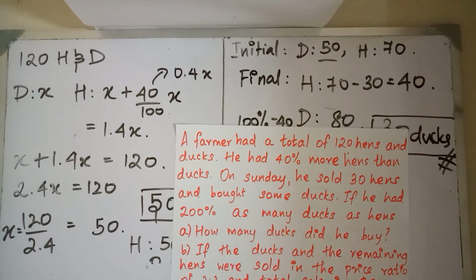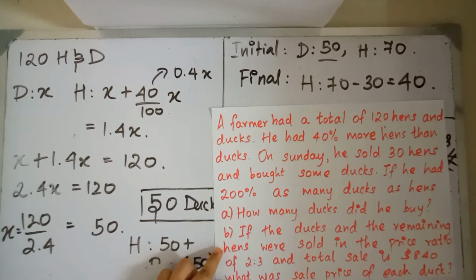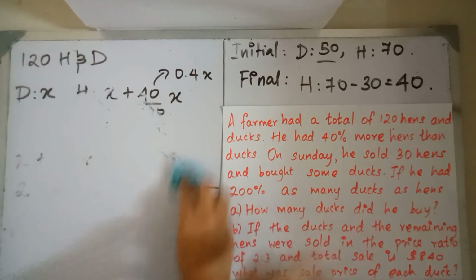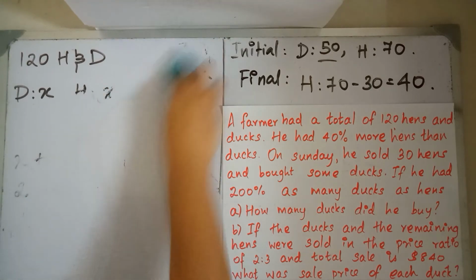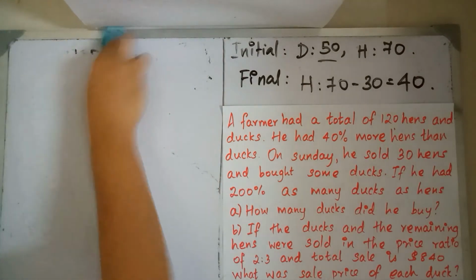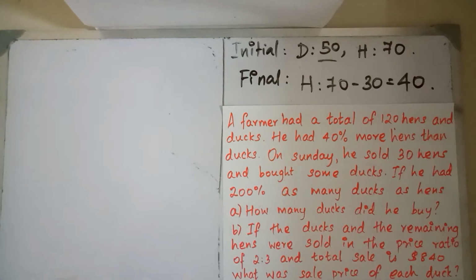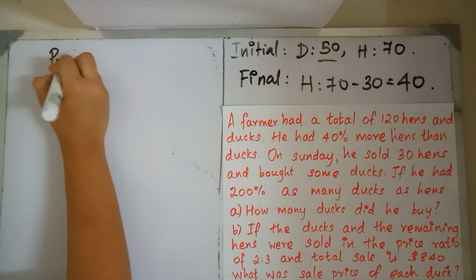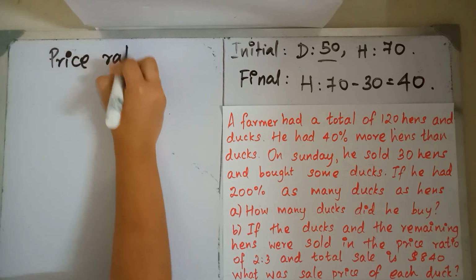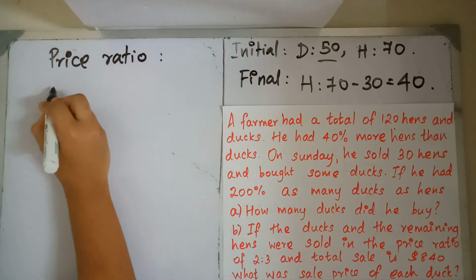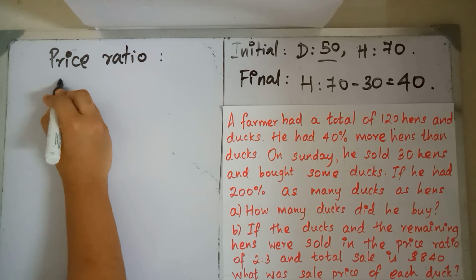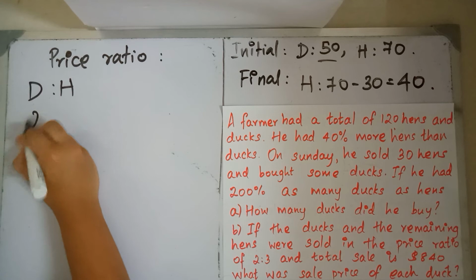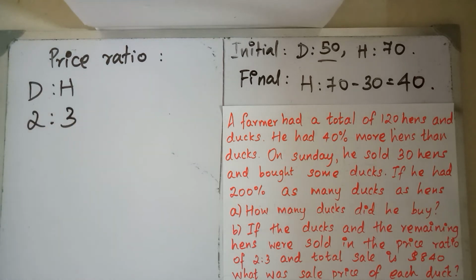Now the second part states that the ducks and the remaining hens are sold at a price ratio of 2:3 and they make a total sale of 840 rupees. So let's represent that. The price ratio of ducks to hens is 2:3.